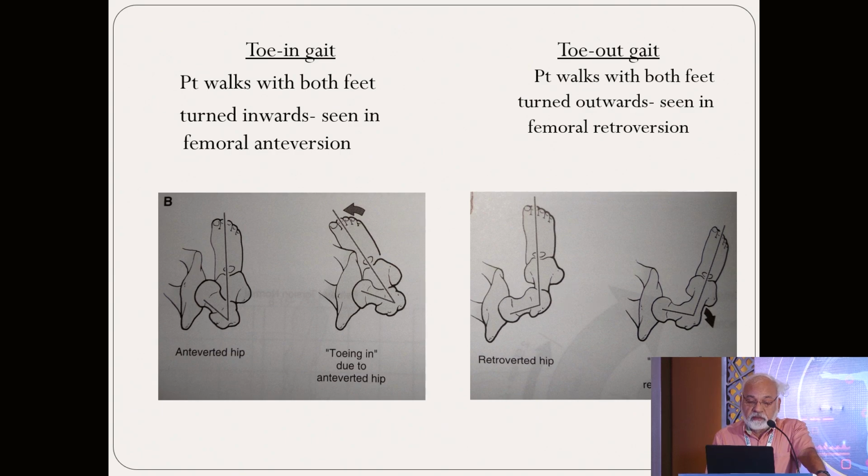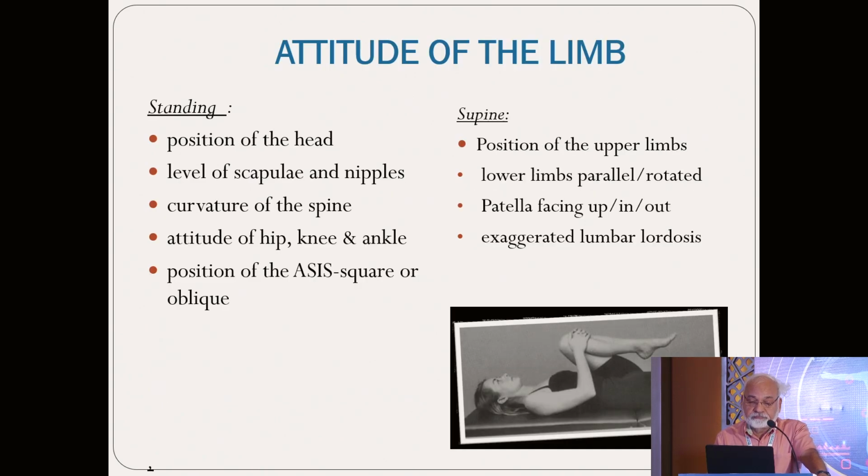Then toe-in gait and toe-out gait. Toe-in is seen in femoral anteversion and toe-out gait in femoral retroversion. So that also needs to be seen, as it could lead to abnormal stress and cause knee or hip pain. Then of course the attitude of the limb, in both standing and supine positions.